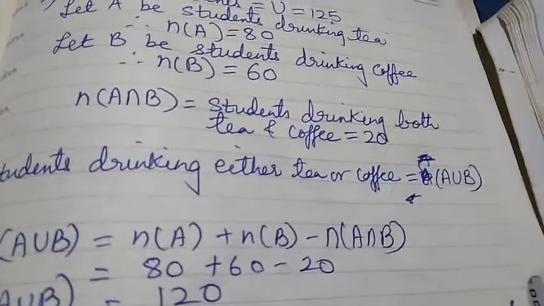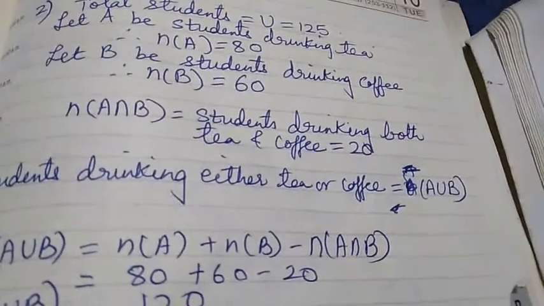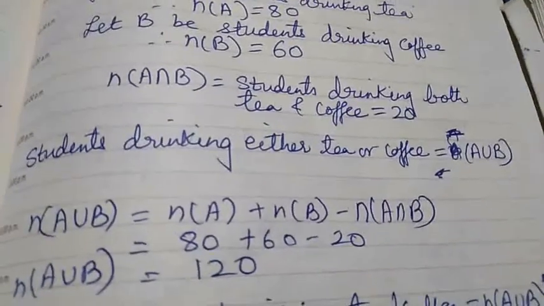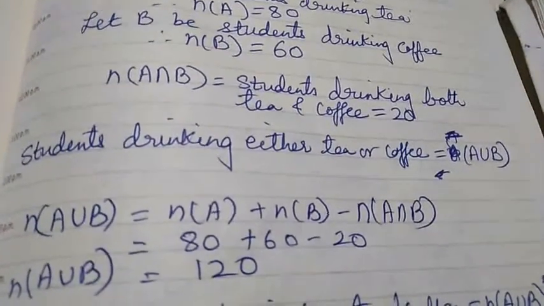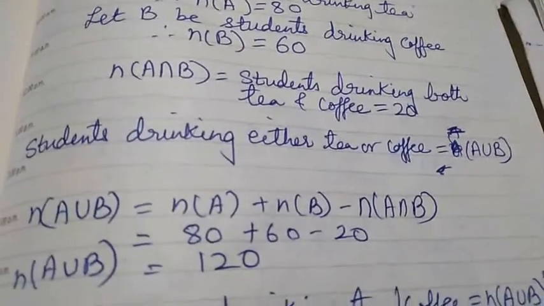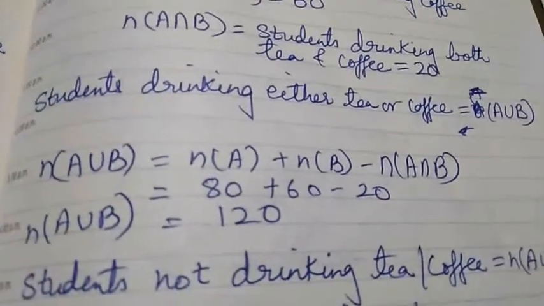Now students drinking either tea or coffee is represented by A union B. We first find A union B with the formula: N of A union B is equal to N of A plus N of B minus N of A intersection B. That comes out to be 120.